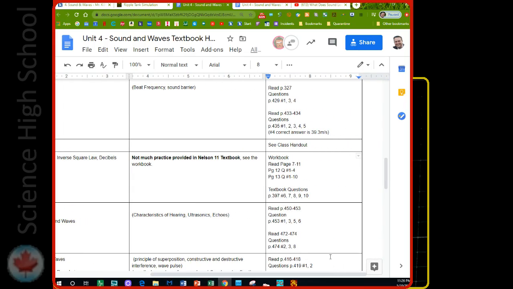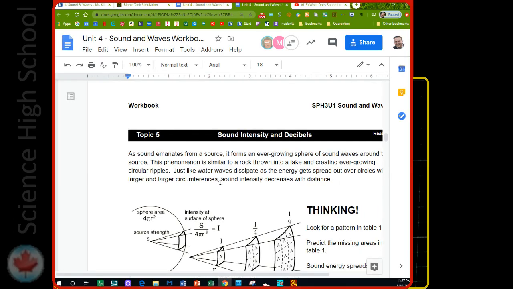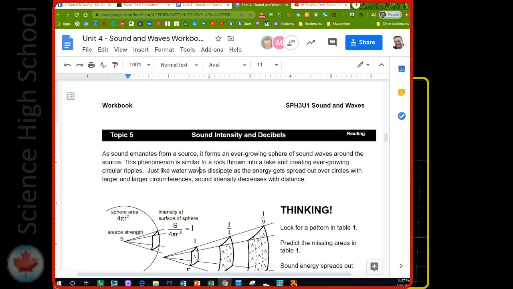There we go. You're going to be working on pages 7 to 11 for reading, and then there are some questions in the workbooklet on pages 12 and 13. I would highly recommend that you do the reading in the workbooklet. In this case, our textbook is fairly weak on explanation, so I went to a couple of other textbooks and basically wrote a few pages of textbook and included that in your workbooklet.